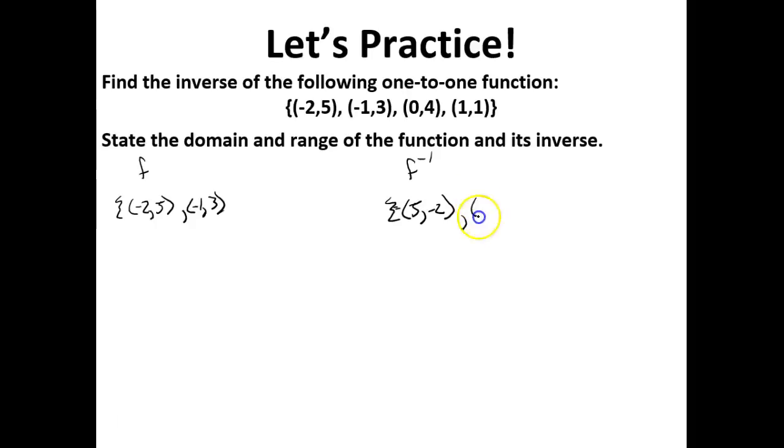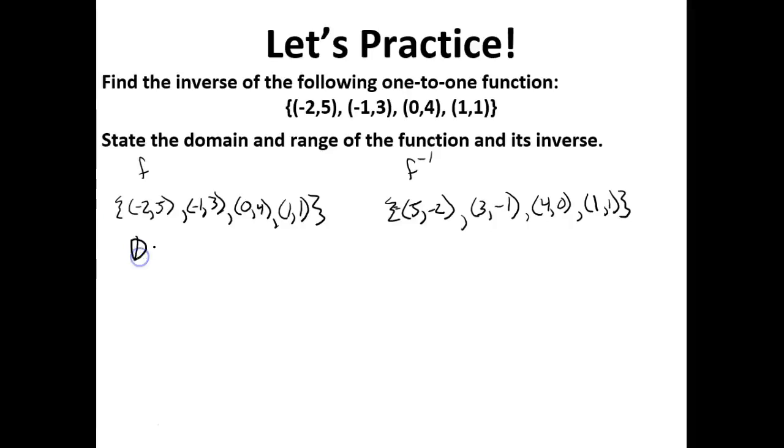The inverse function takes 3 to -1. The original function takes 0 to 4. The inverse is going to take 4 to 0. The original function takes 1 to 1. The inverse function is going to take 1 and bring it back to 1.